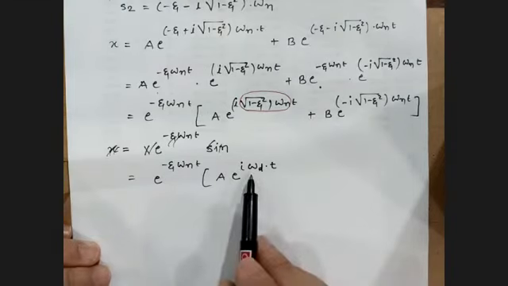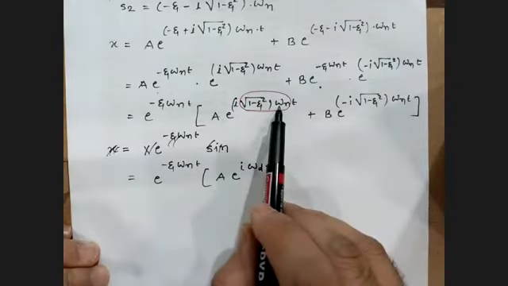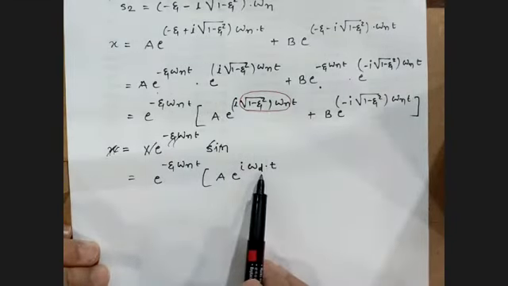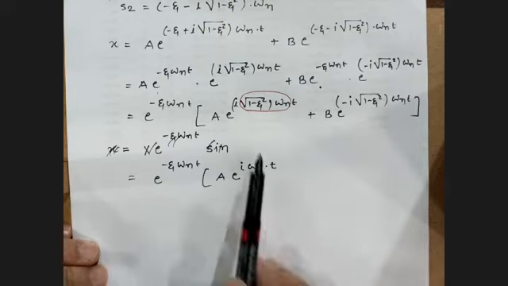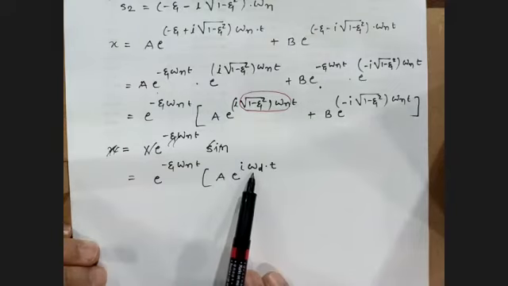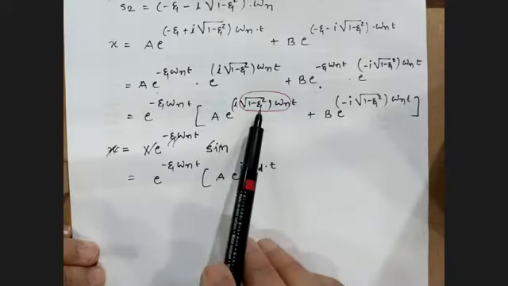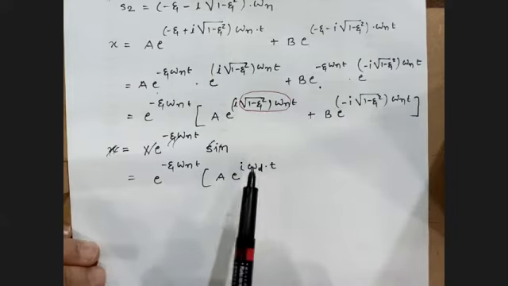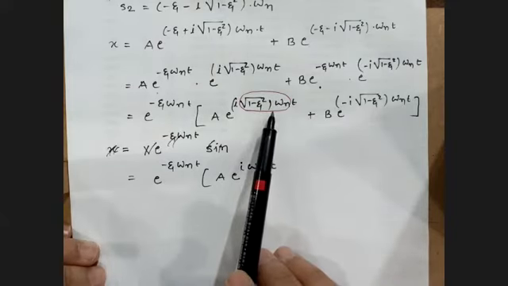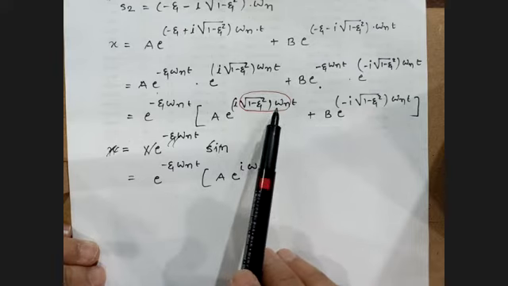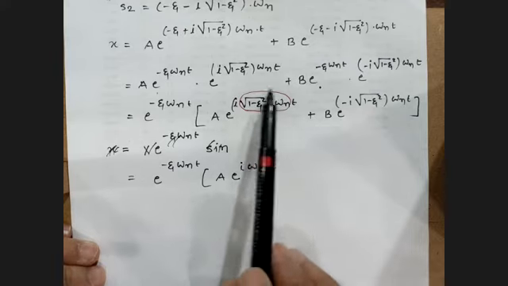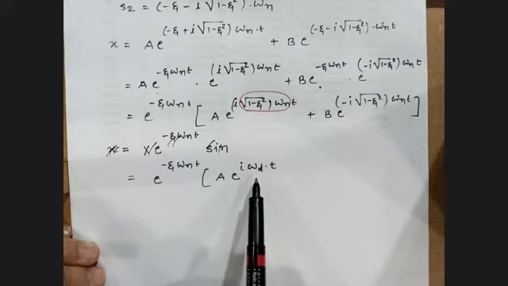This is also a natural frequency, but the suffix d indicates that it is the damped natural frequency. These two values are quite different, because in damping the effect of damping is there, so the damped natural frequency is less than the real natural frequency of the system. So we replace this term with the damped natural frequency.